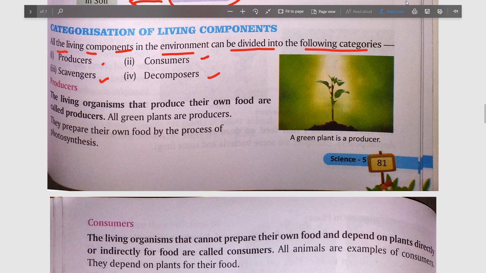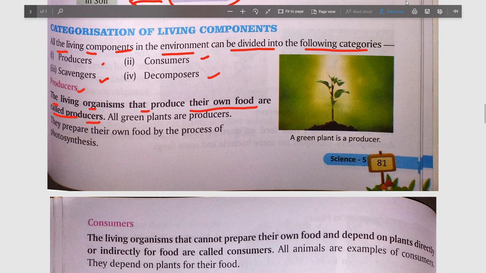Now what are producers? As the name suggests, these are the components which produce something. Produce means to make something. Living organisms that produce their own food are called producers. Those living organisms who can make their own food are plants, because animals cannot make their own food.